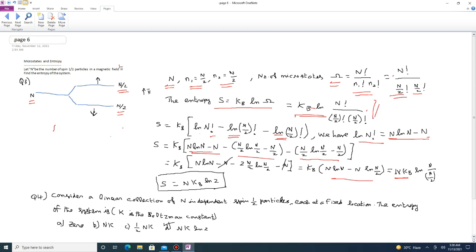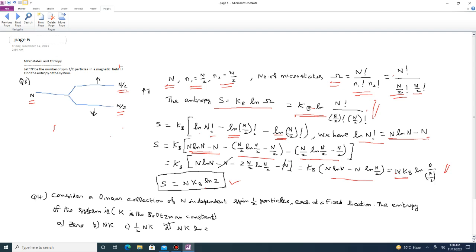So the N cancels, and the final result becomes S equal to N Kb, the Boltzmann constant, into logarithm of 2. This is the expression for the entropy.